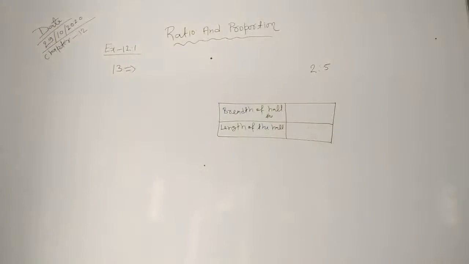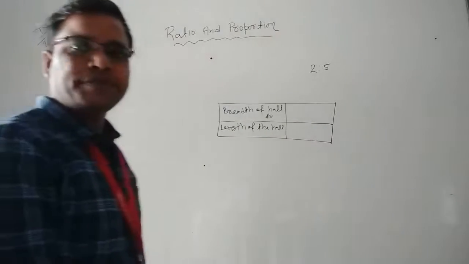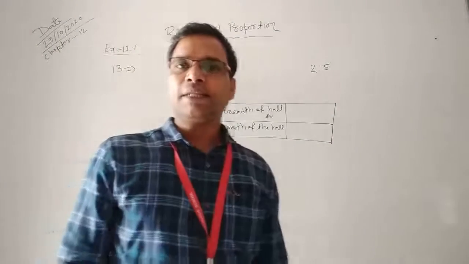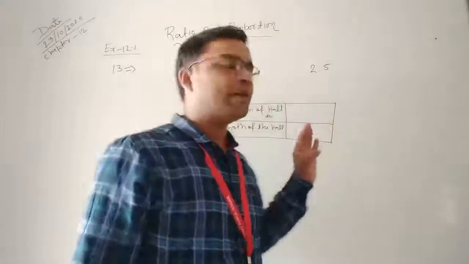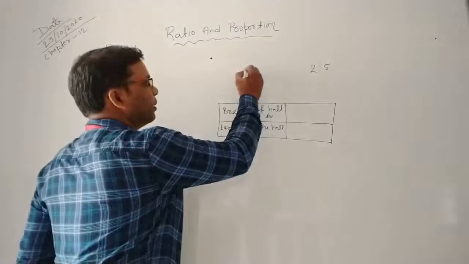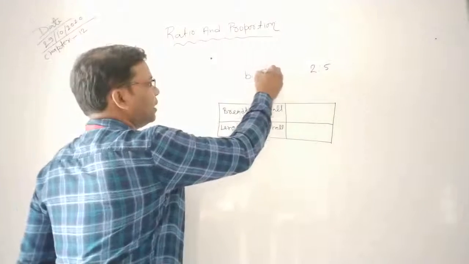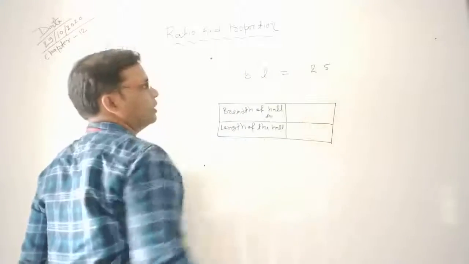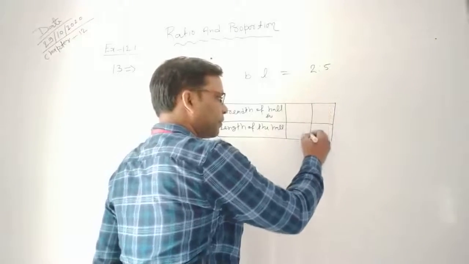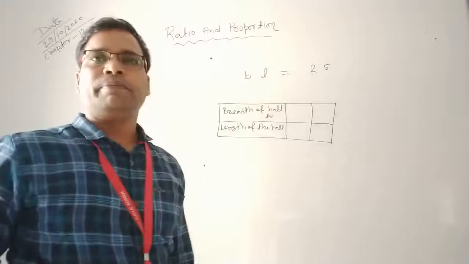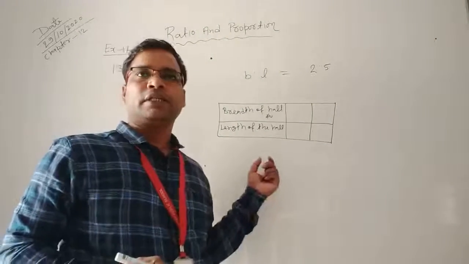You can see the length and the breadth of the hull are given, and also the ratio of breadth and length of the hull is given here. B represents breadth, L represents length. So in this table we need to complete it. This is clear.